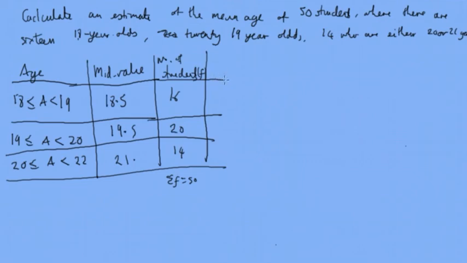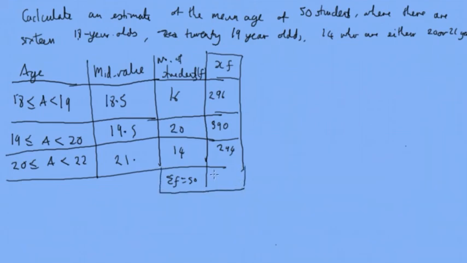Now we need to find our mid value multiplied by our frequency, which will be 296, 390 and 294.